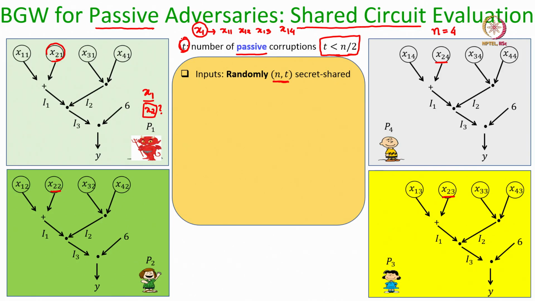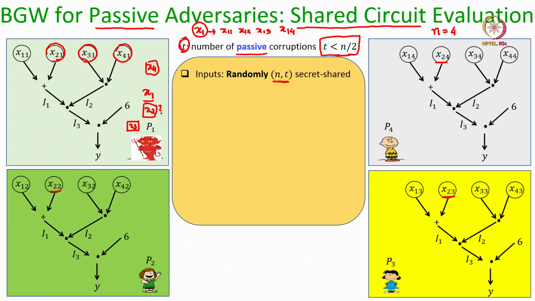So, the adversary will not be able to tell what is X2, similarly it will not be able to tell what is X3, because corresponding to X3 the adversary learns only a single share, and in the same way it will not be able to tell what is X4, because corresponding to X4 the adversary learns only a single share.